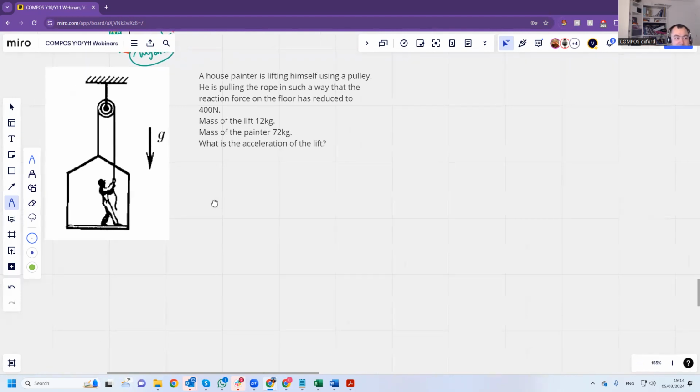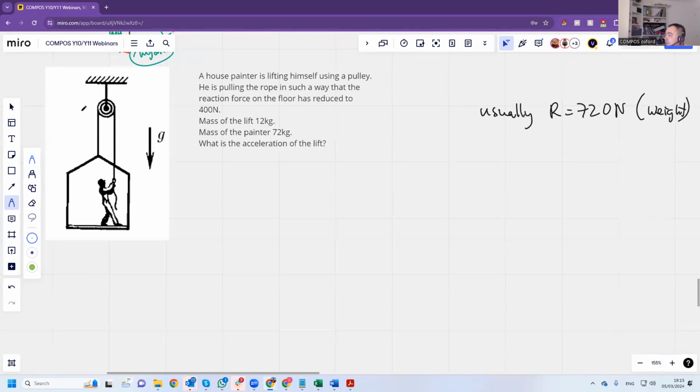What would the reaction force be if the painter was standing on something? Yes, 720. So usually the reaction force would be 720 newtons, which is equal to the weight.